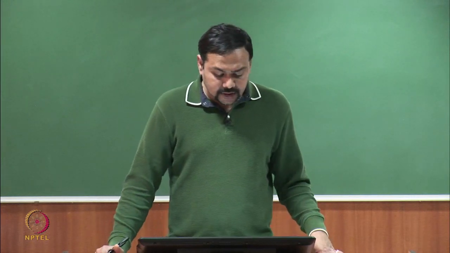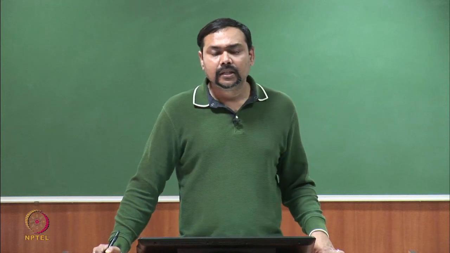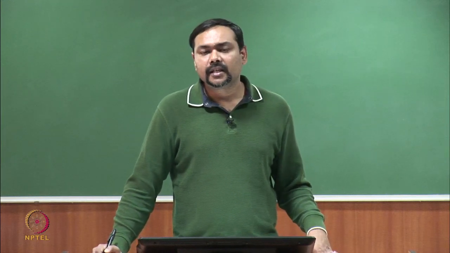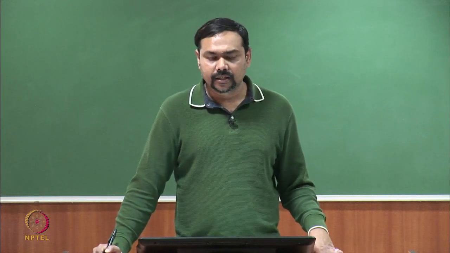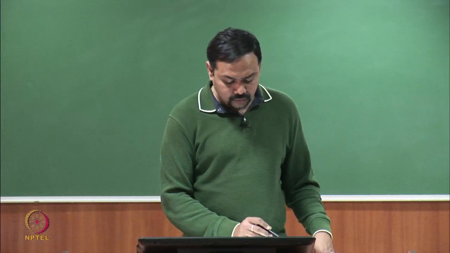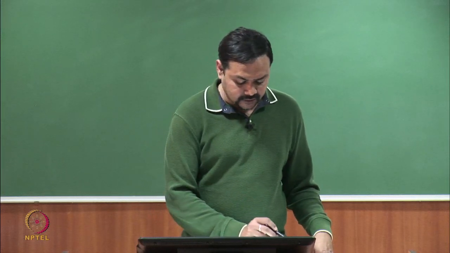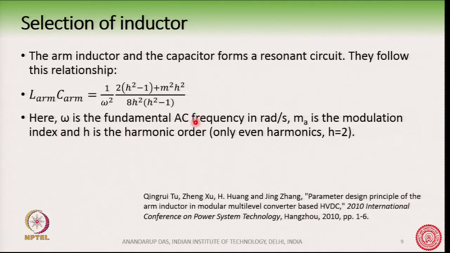There is also the selection of the inductor. Now, the arm inductor and the cell capacitor form a resonant circuit. Again, I will not go into the details of this derivation, there is a relation between them, and I will direct you to this particular article from where we get such an expression.